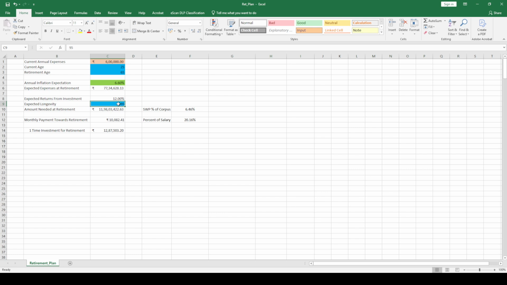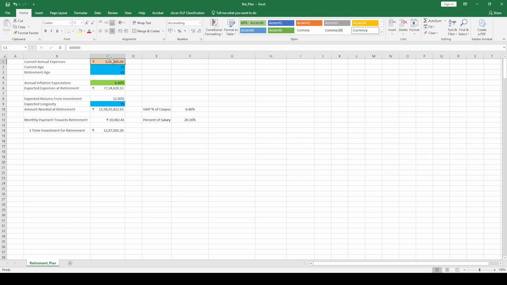You put that here. So since the retirement age of 65 and the expected age where you don't need to live anymore, that's 30 years. So you need to discount the amount needed. This is the amount you'll be spending every year because this is expected expenses at retirement. 77 lakhs a year will be needed to retire comfortably 40 years from now.